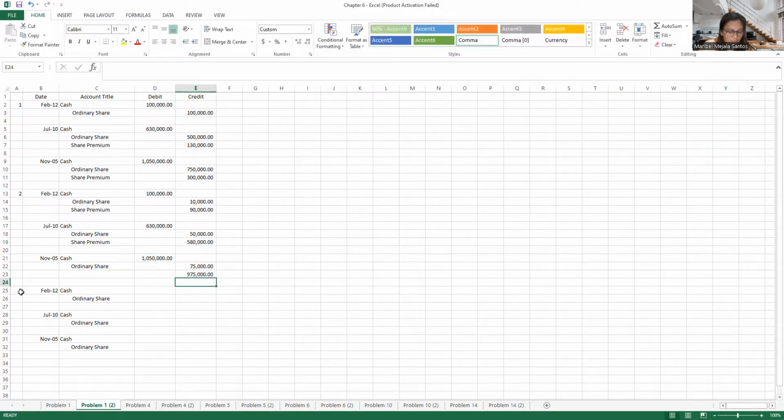Okay, and then next, number 3, the ordinary shares has no stated par value.